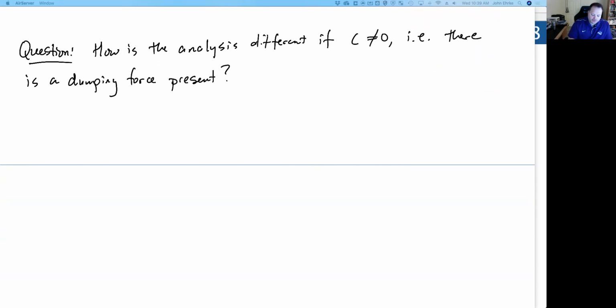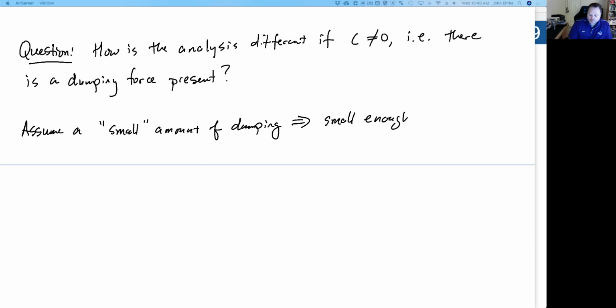So what we're going to do today is assume a small amount of damping. And when I say small, I mean small enough to allow some oscillation.